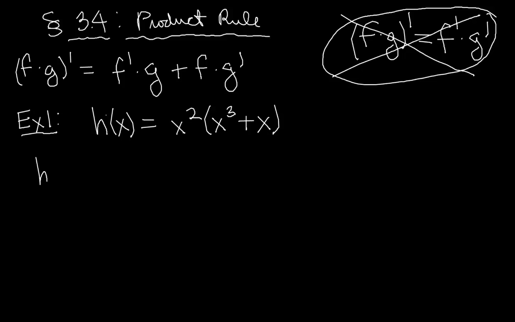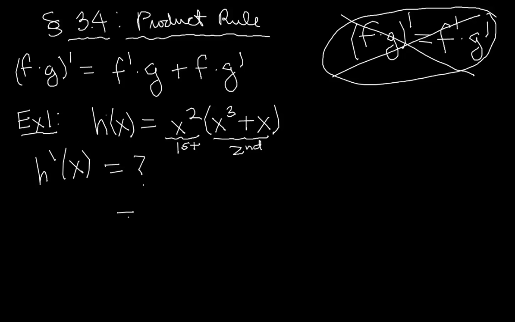I want to find the derivative of this. Well, look here. You have x squared times x cubed plus x. Those are two functions. This is the first one, and this is the second one. Okay? So how is h prime of x going to go?